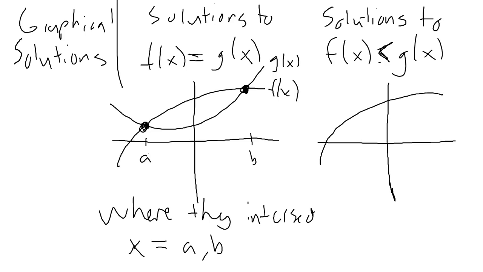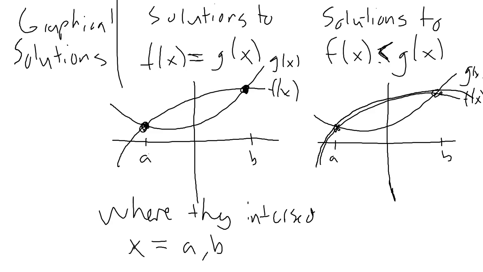And then if I have the same f and g, and I'm asking when is f of x less than g of x? So just like before, a and b. The graph of f is this one right here. So it's less than g, which is this graph, to the left of a.